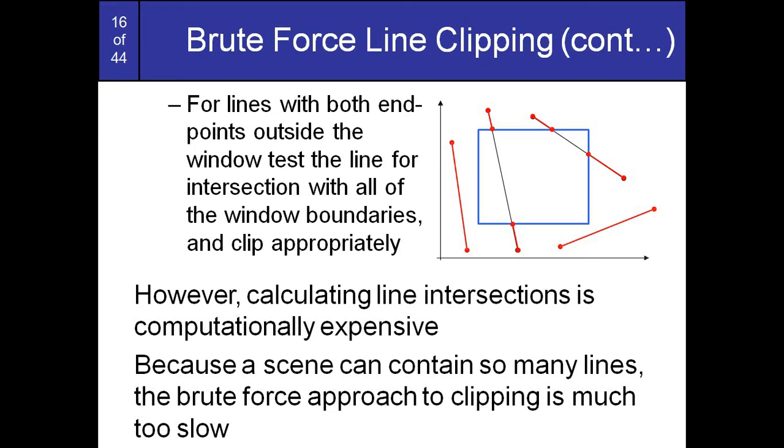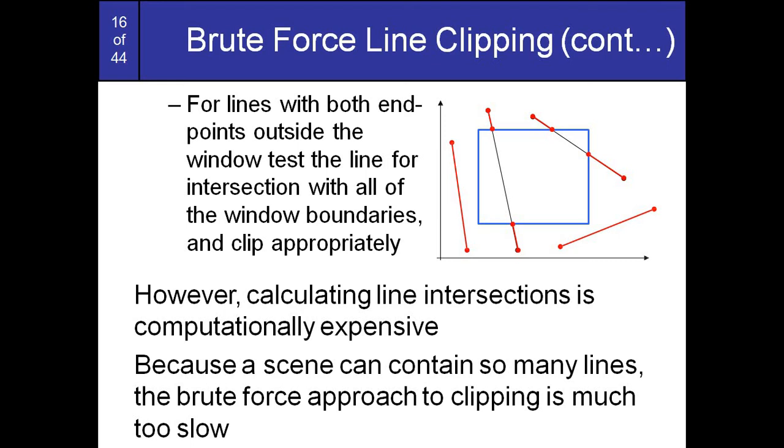Now again, in brute force line clipping, for lines with both endpoints outside the window, we test the line for intersection with all of the window boundaries and clip appropriately. So if there are too many lines, then we need to identify the intersection points of all the lines with the window boundaries, and then accordingly we can proceed to clip the parts appropriately. So calculating the intersections is computationally expensive.